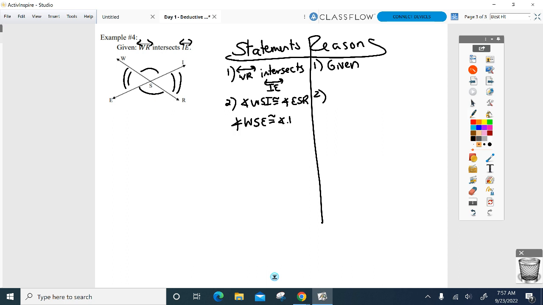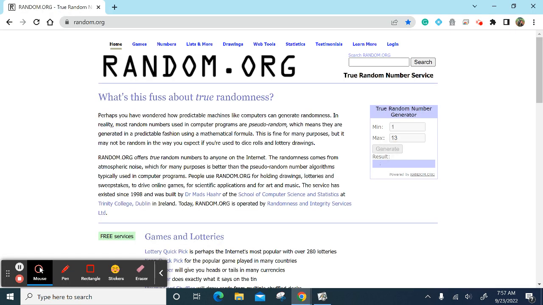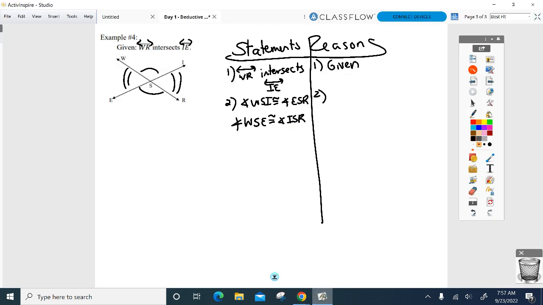All right. Why are they congruent? This is going again to Unit 1, coming back more and more. Hopefully you're believers now. Why are those angles congruent? What type of angles are they?